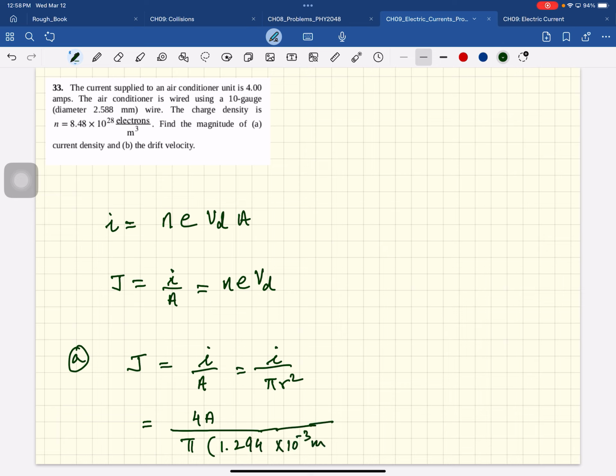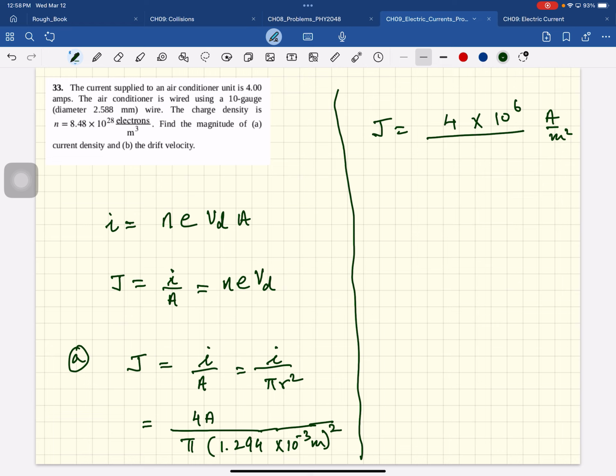So that is the current density. That squared is 10 to the minus 6, and when it comes to the top, it becomes 10 to the plus 6. So the current density is 4 times 10 to the 6 amps per meter square over pi times 1.294 squared.